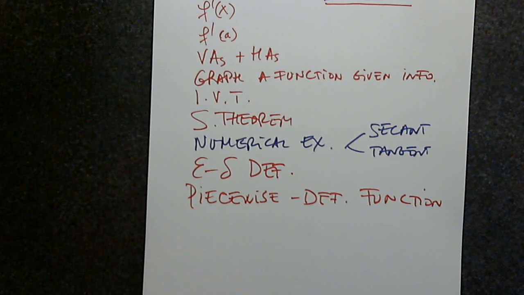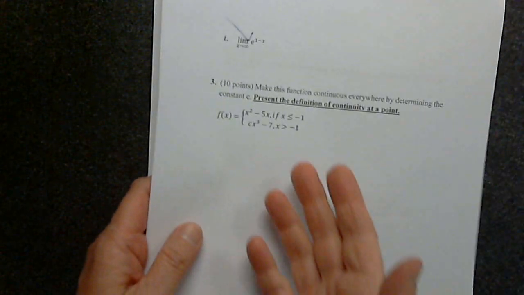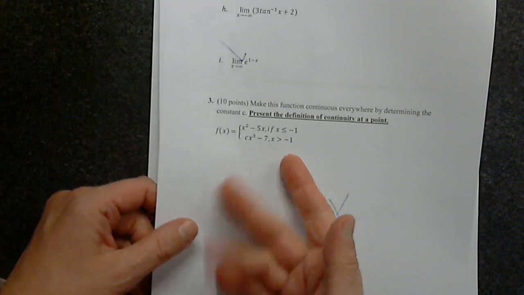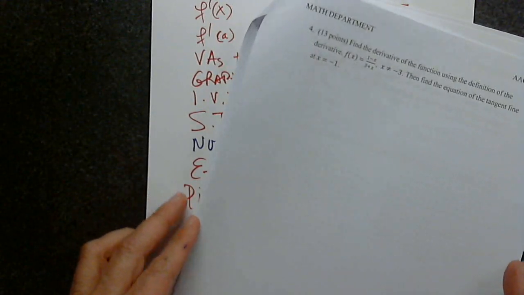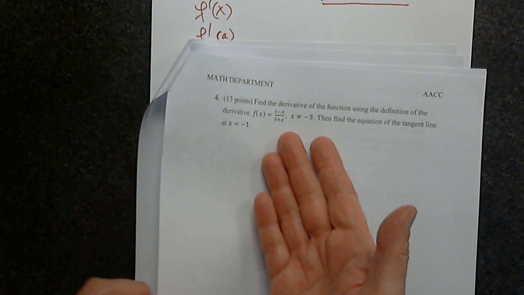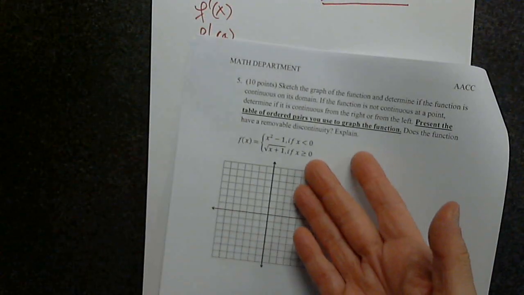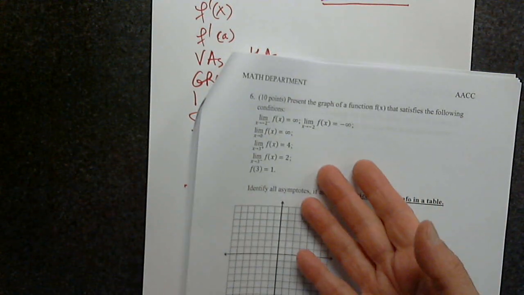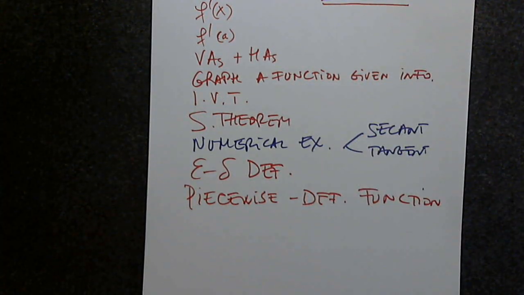So when I said continuity at a point, I mean something like this. When I talk about the derivative and the definition, I mean something like this. Graphing a piecewise defined function, something like this. An example of a graph. And that's it. Now you choose.